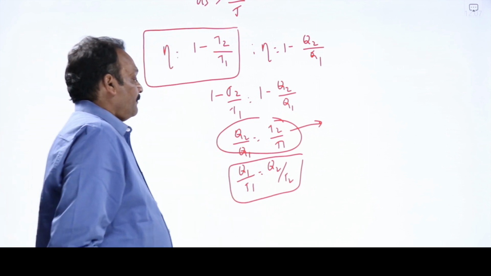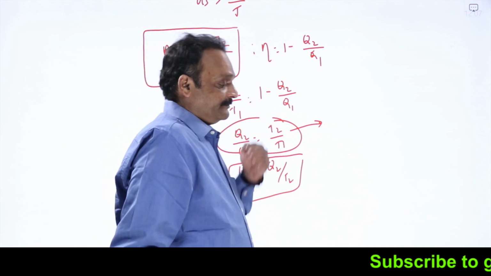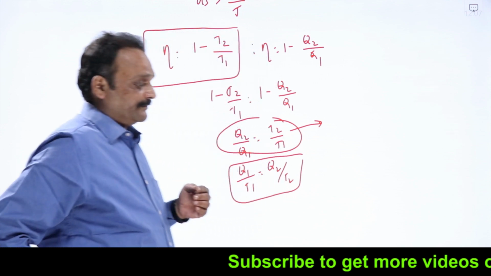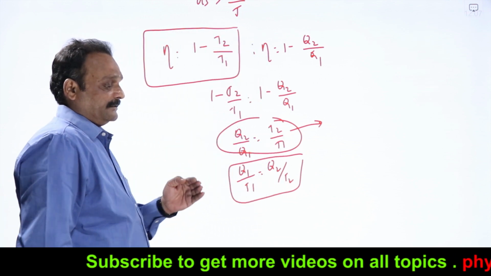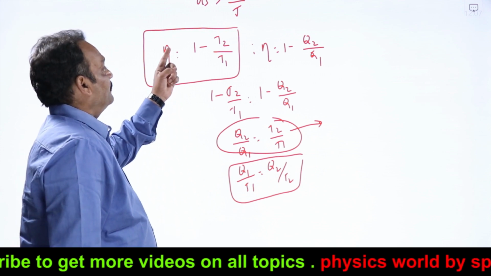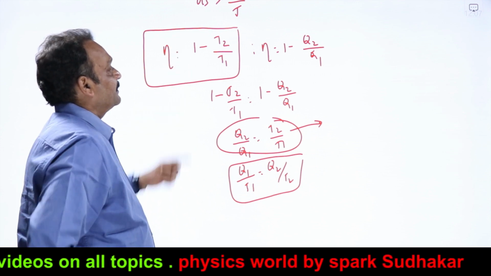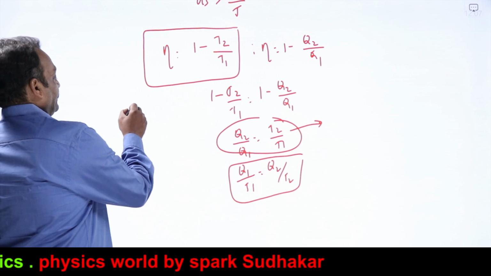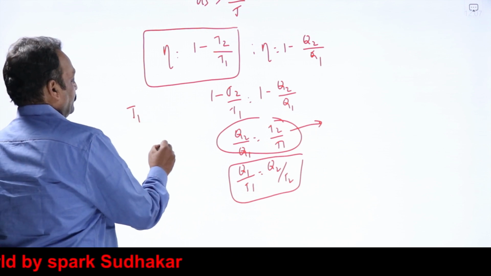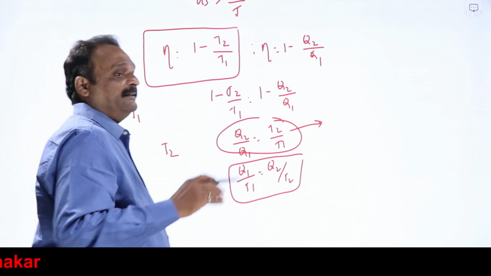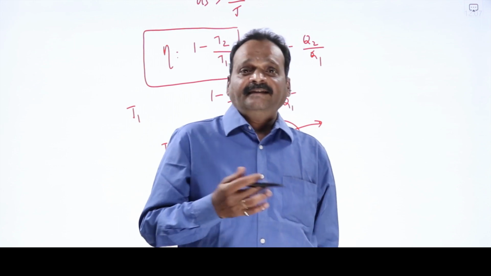Now, what does Carnot's theorem say? The first part of the statement is like this. A Carnot engine working between two temperatures, a higher temperature T1 and a lower temperature T2, has the highest efficiency.